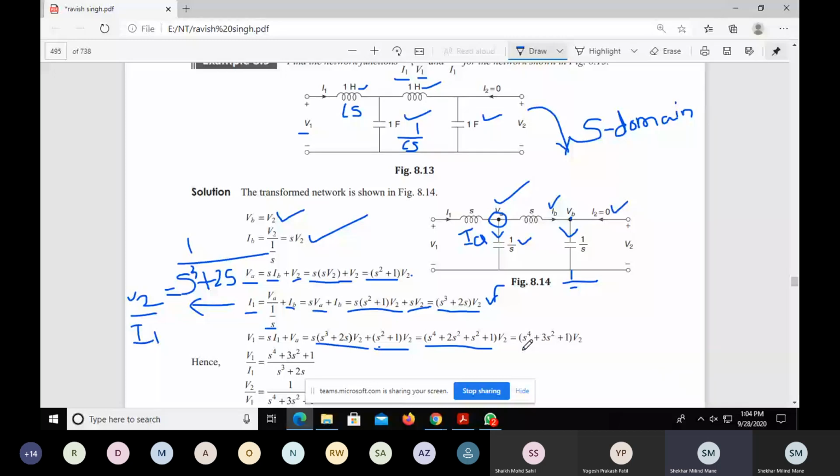Again simplifying this, you will get (S to the 4 plus 3S square plus 1) into V2.